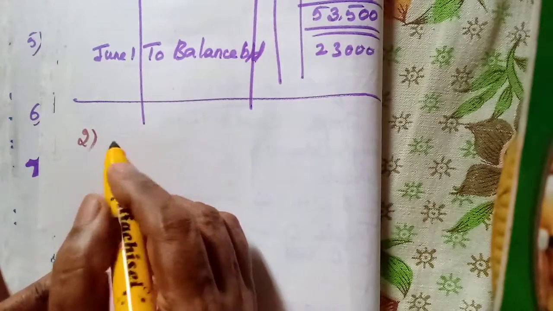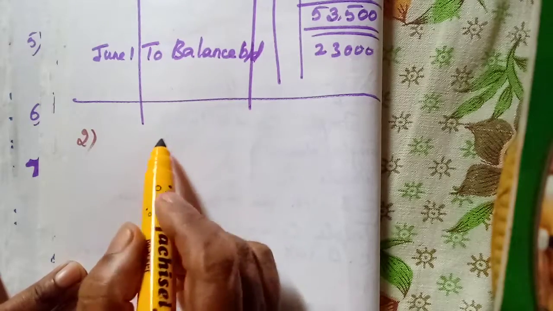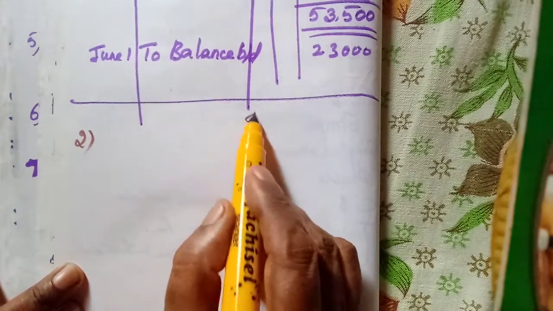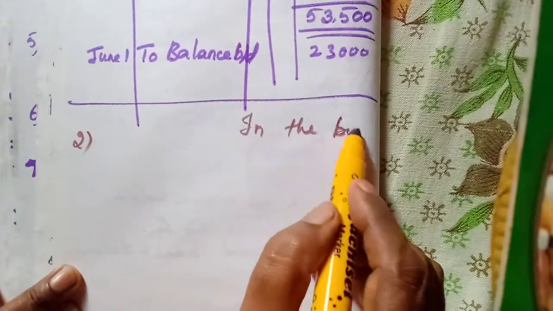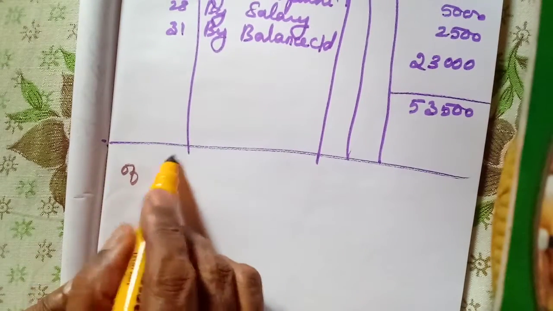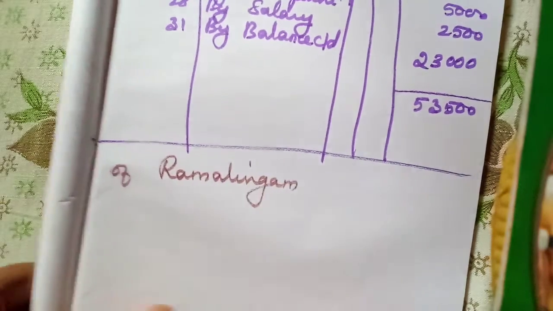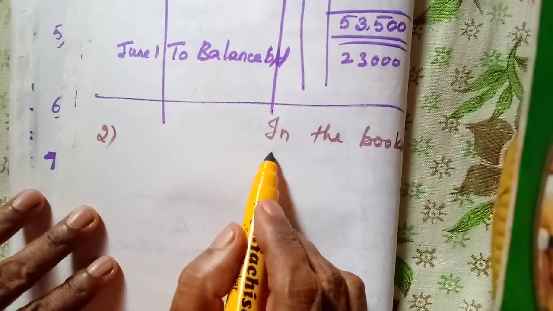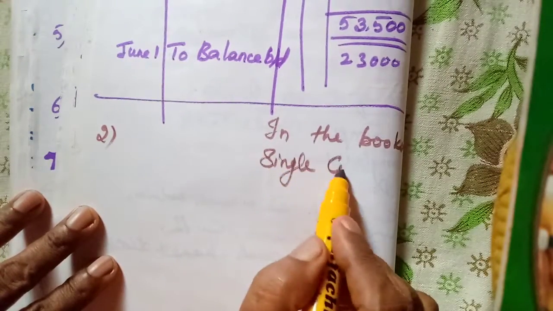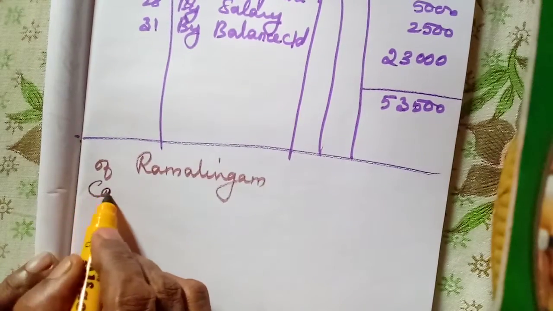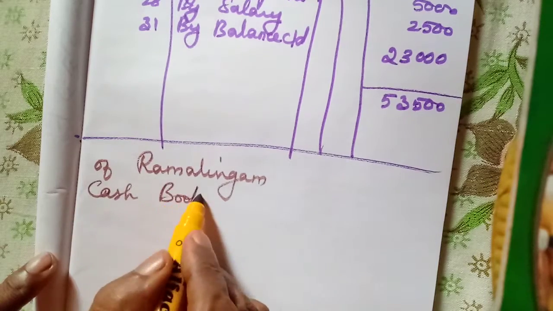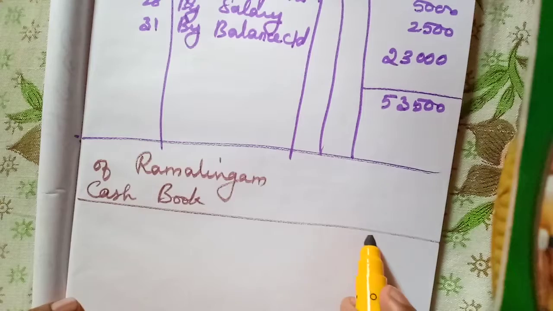Number 2, single column cash book of Ramalingam. So we have to write in the books of Ramalingam, single column cash book. You need to draw, only one amount column.